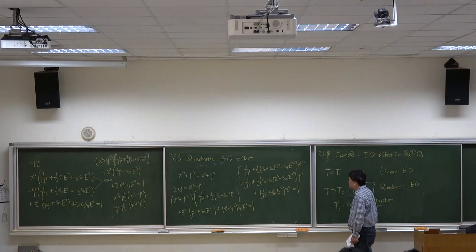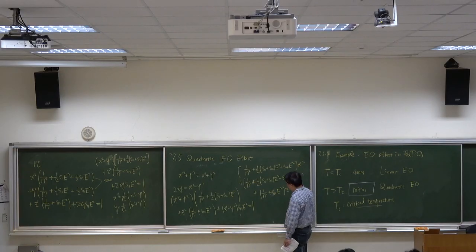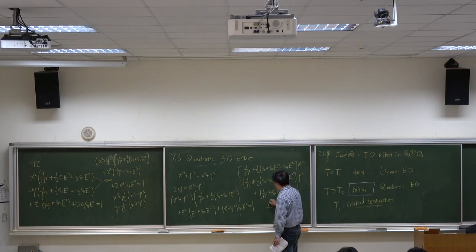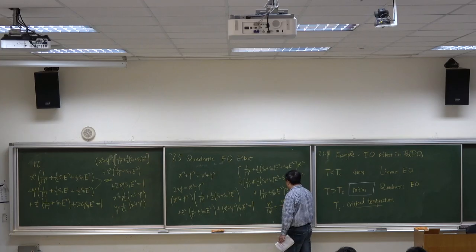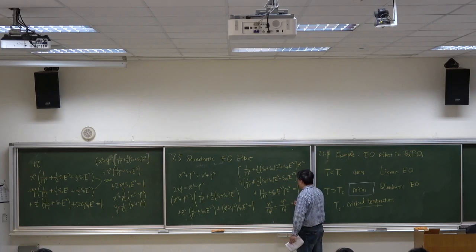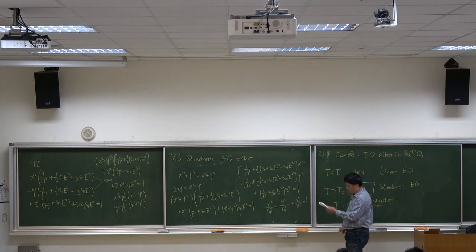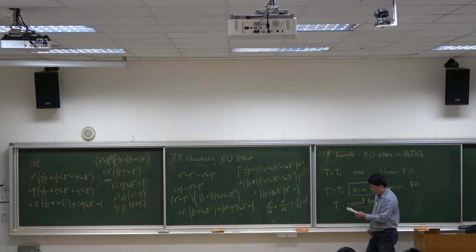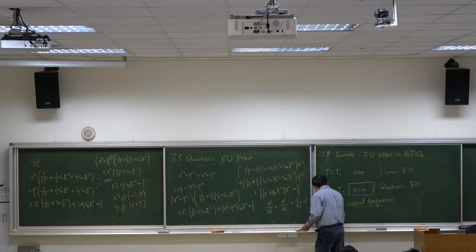Okay, so this can be identified as x prime squared over nx prime squared plus y prime squared over ny prime squared plus z squared over nz squared equal to 1.